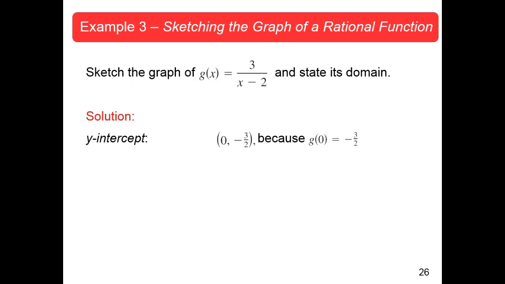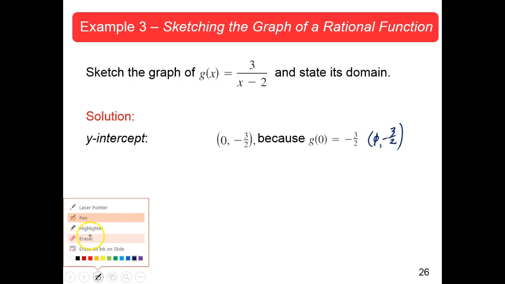We started with the x-intercept. So they started with the y-intercept, set x equals 0. You get 3 over -2, which is -3 halves. So g of 0 is that. I like to actually write it as an ordered pair, (0, -3/2), but that's fine too. Oh, they already did it. They wrote it here. Forget that.